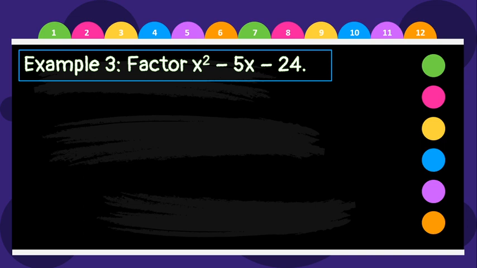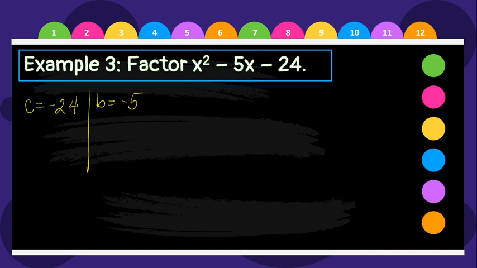Next, let's have x squared minus 5x minus 24. Okay, again, we now have negative 5 and negative 24. C is negative 24 and B is negative 5. Now, if we list all the factors of negative 24, it is so many.